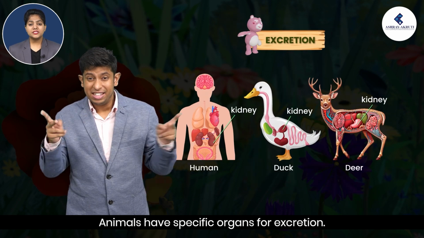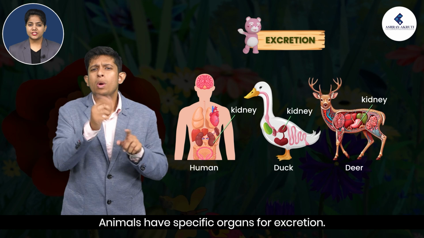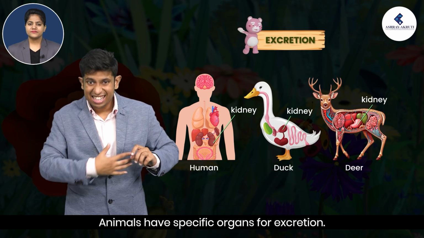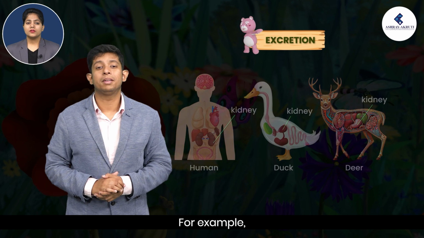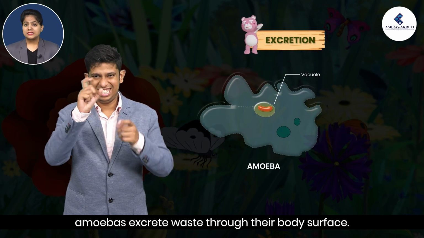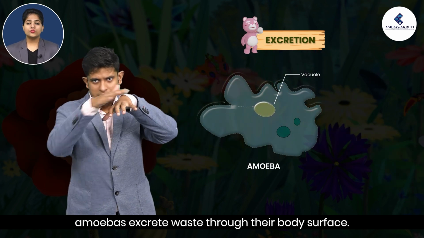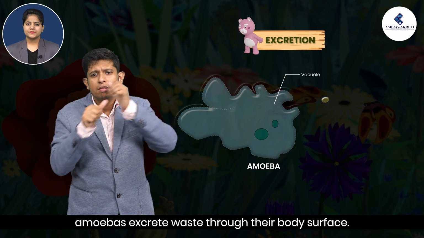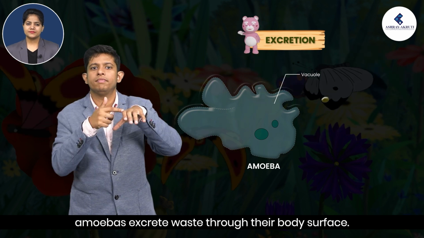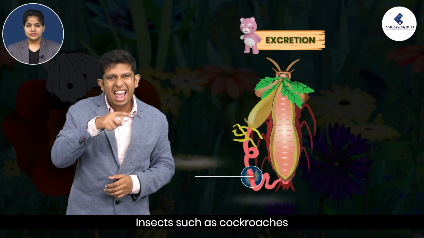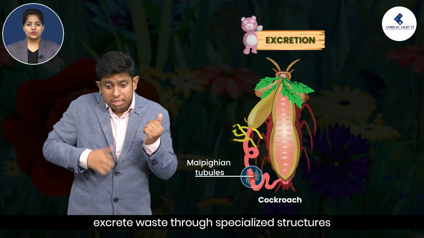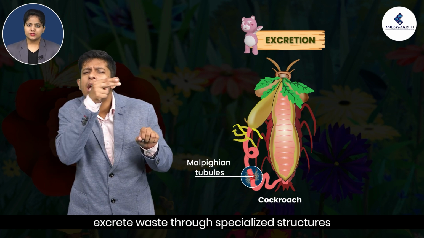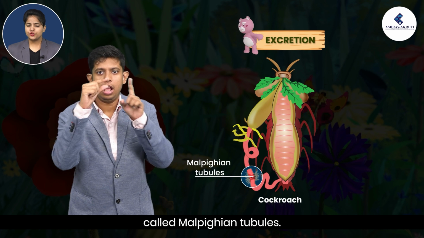Animals have specific organs for excretion. For example, amoebas excrete waste through their body surface. Insects such as cockroaches excrete waste through specialized structures called malpighian tubules.